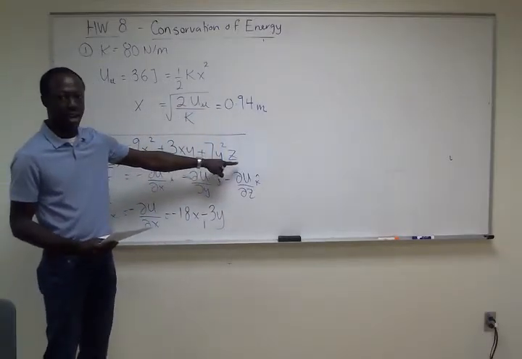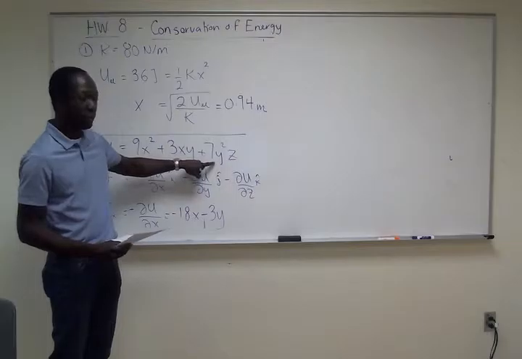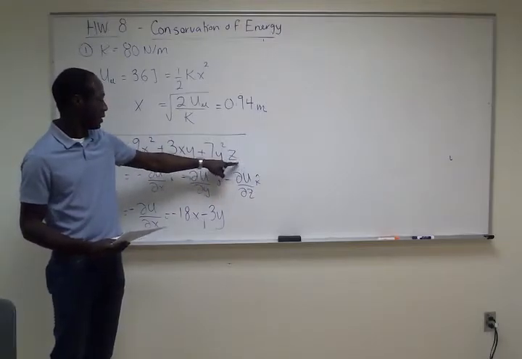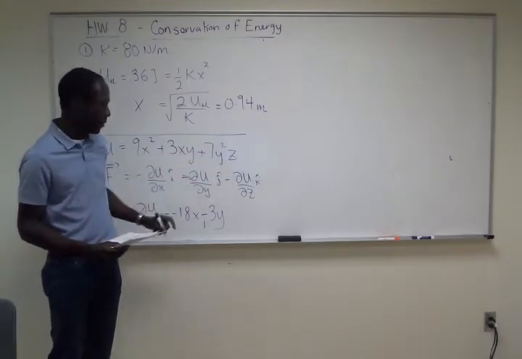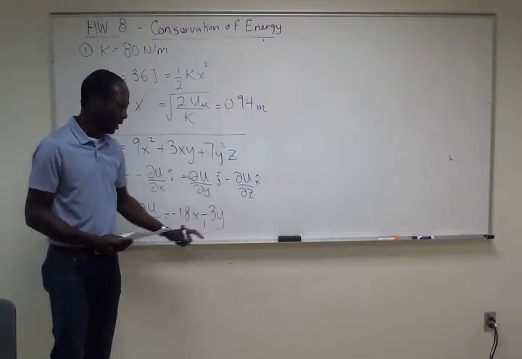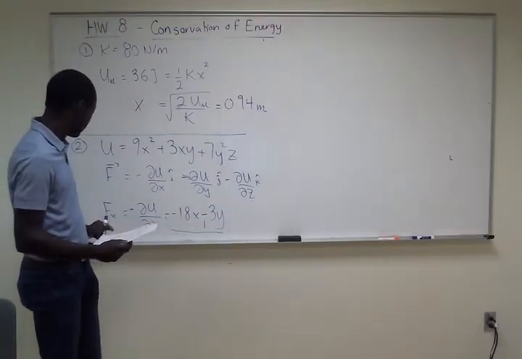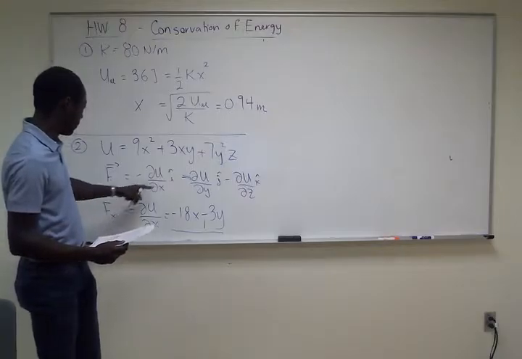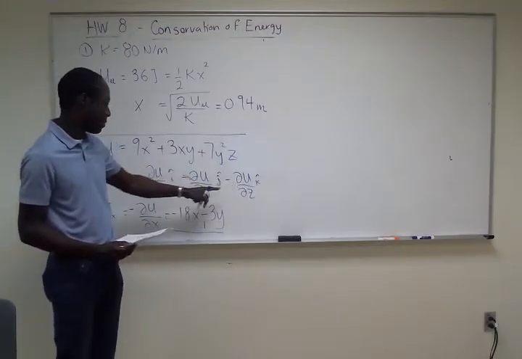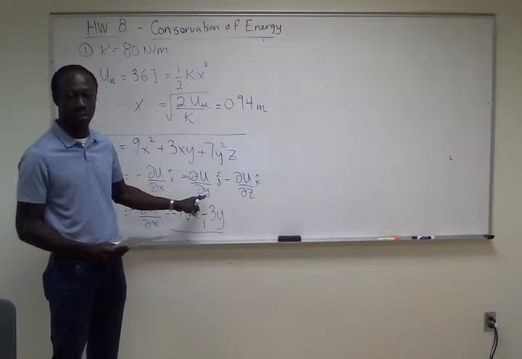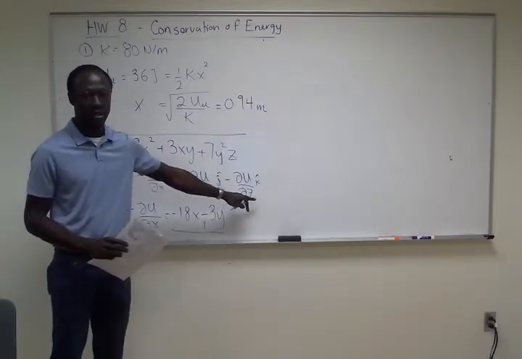And since there's no x in this part of the equation, the partial derivative of 7y squared times z with respect to x is 0. So this gives us the x component of the force. We have to do the same thing to find the y component and the z component by taking the partial derivatives with respect to y and z.